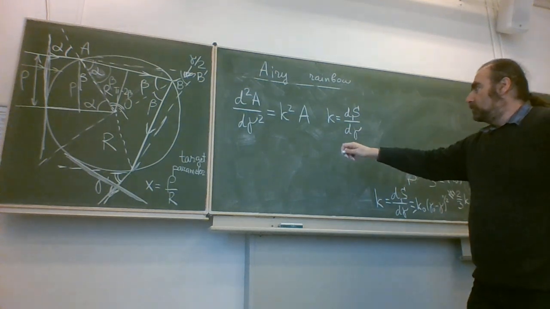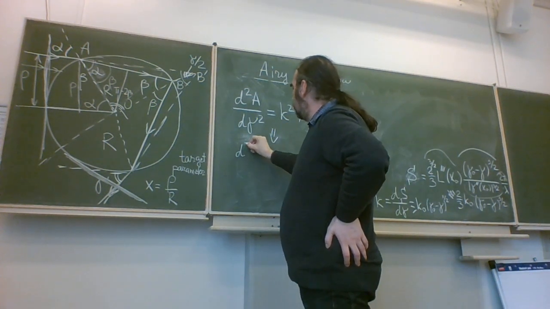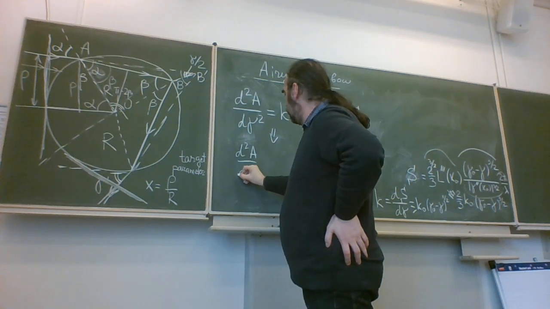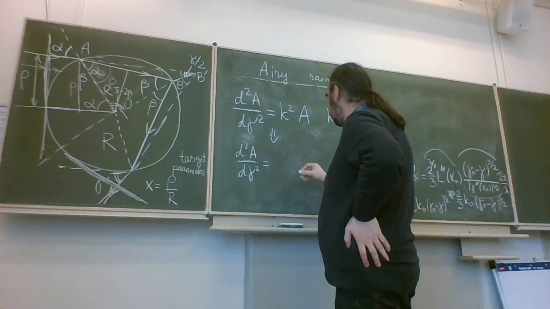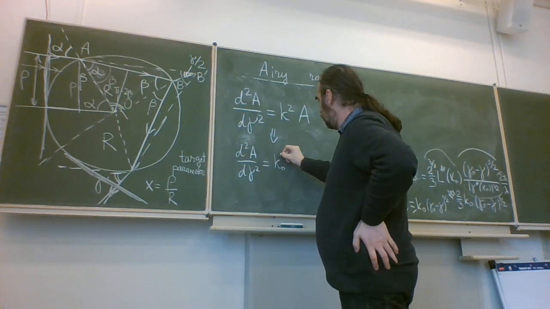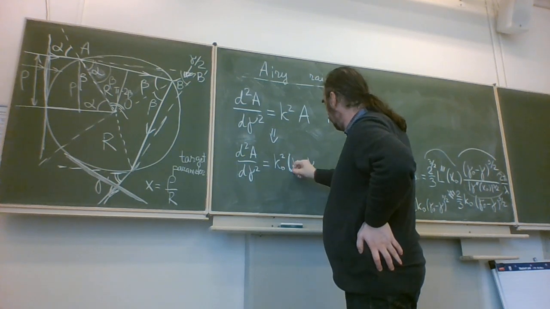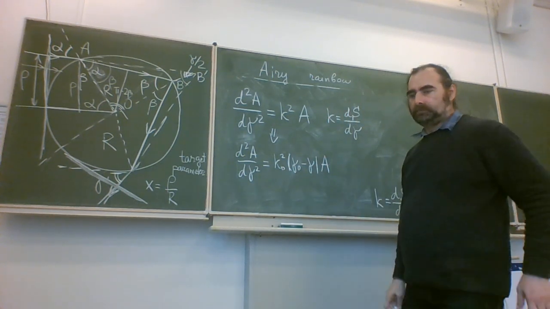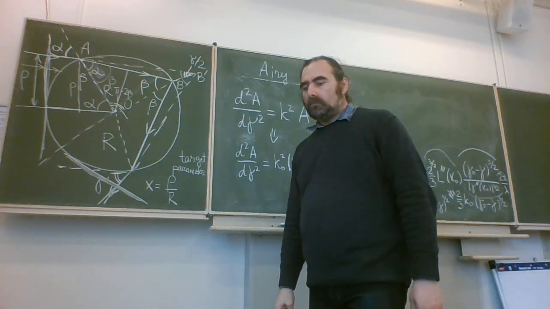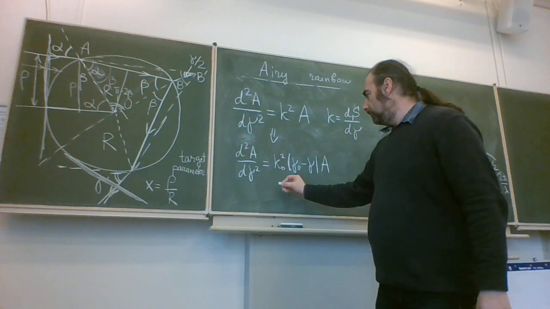And if I put this into my equation, I get the second derivative of A equals 2 k naught squared times the absolute value of gamma naught minus gamma, times A. And this is the Airy equation.